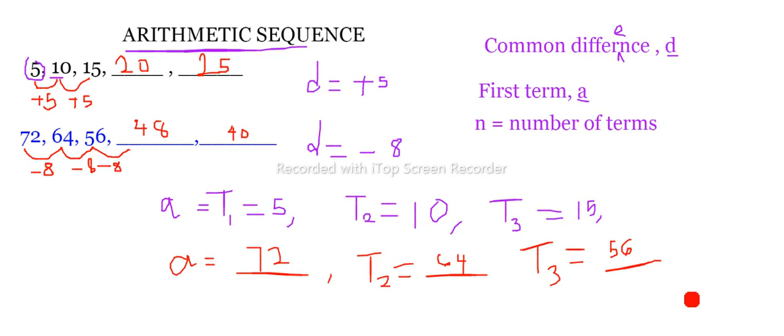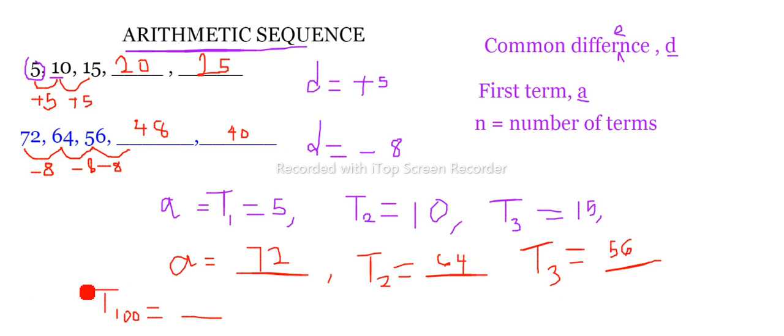sequence. Now the question is, what if I want to find the 100th term of a sequence? I know the first term, the second term, the third term. To find the 100th term, do I have to keep listing the terms till I get to the 100th?